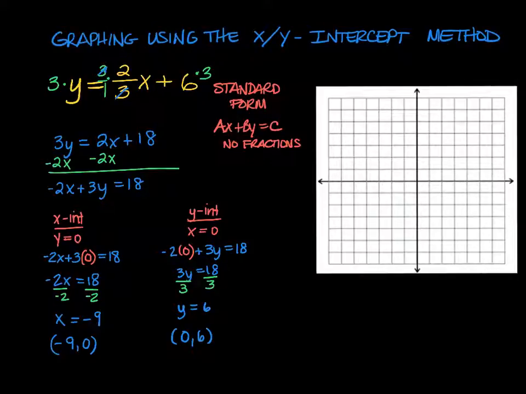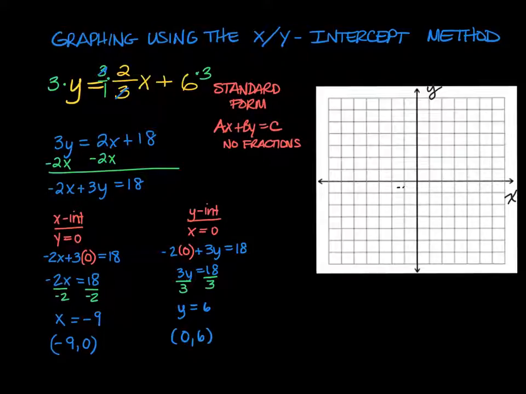So I'm going to plot those 2 points. So if you guys remember, this is your x-axis. This is your y-axis. My x-intercept is negative 9. Now if you look, 1, 2, 3, 4, 5, 6, 7. I'm going to go off my graph. So what I have to do is change the scale of my graph. So I think the easiest thing would be to go by 3s.